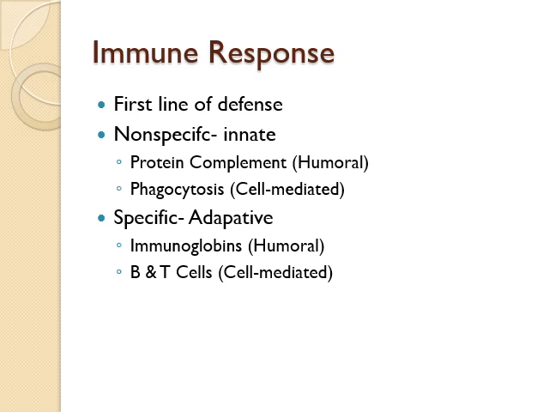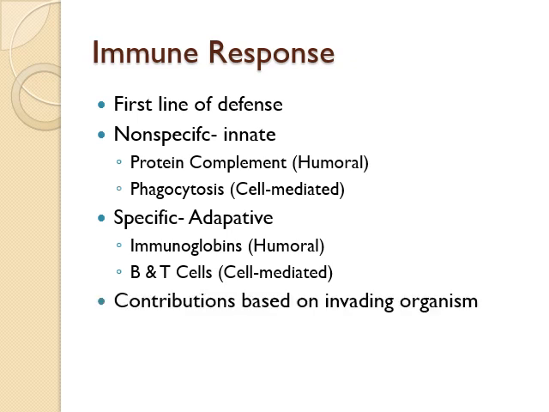So again, the key thing to remember is your B cells are going to help produce antibodies. Your T cells are also going to do various things as it relates to that specific cell-mediated response. A lot of this is going to be based on the contributions of the invading organism. So if you look at table 4.3, make note of that. It talks about some of the different immune responses.